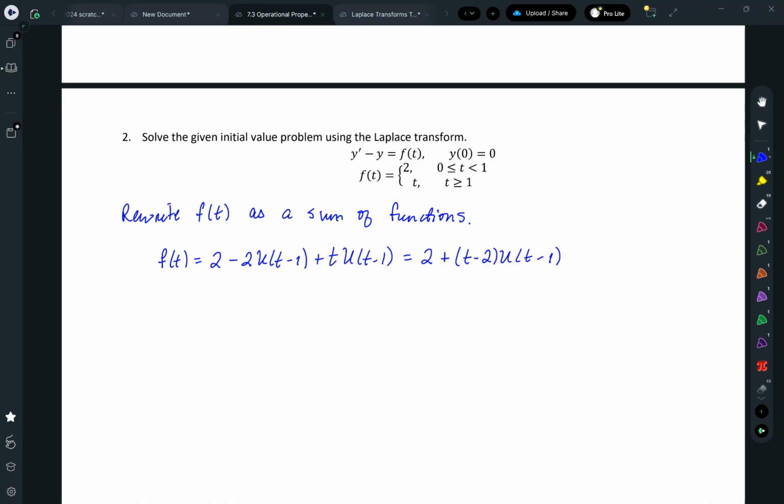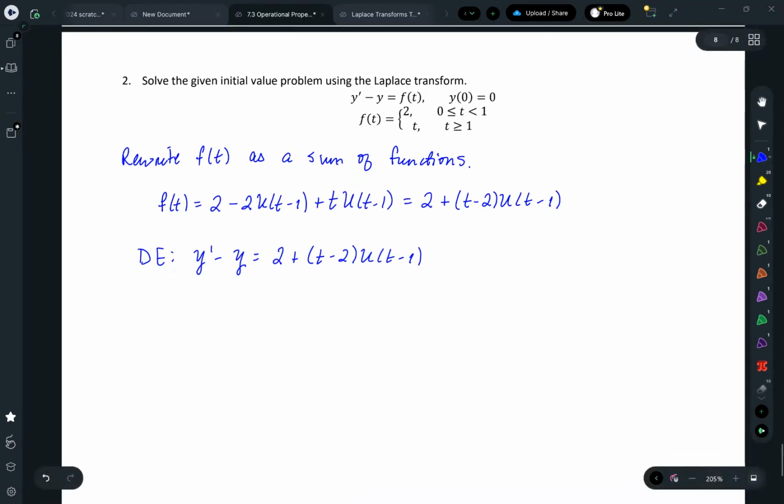So that means our differential equation is y prime minus y is equal to 2 plus, in parentheses, t minus 2, u of t minus 1. Now I can go ahead and take the Laplace of both sides.